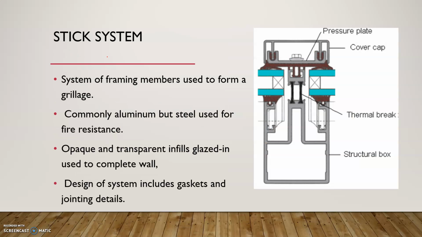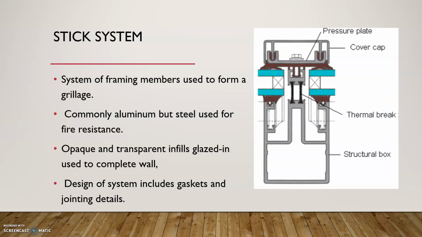Now there are two types of curtain walling. One is called the stick system and the other one is unitized curtain walling. So in these slides we're going to look at the stick system curtain walling. You can see on the right a picture of stick curtain wall construction.